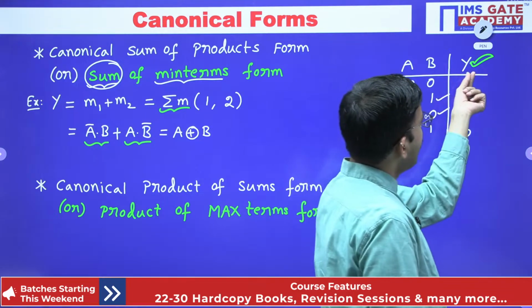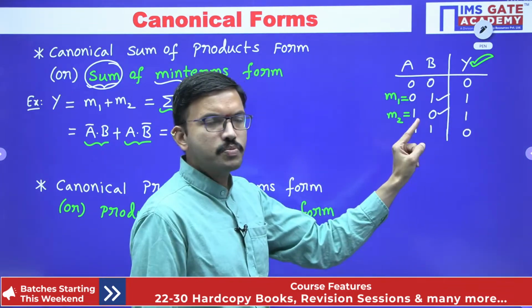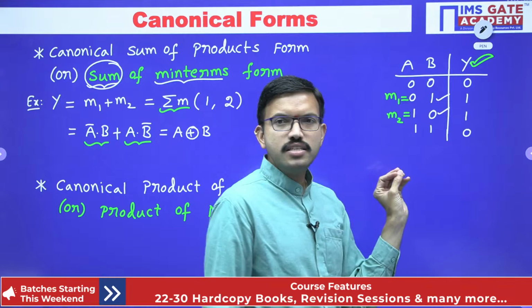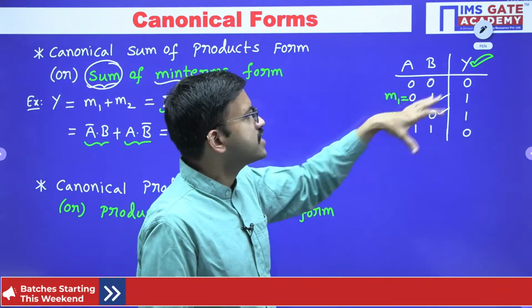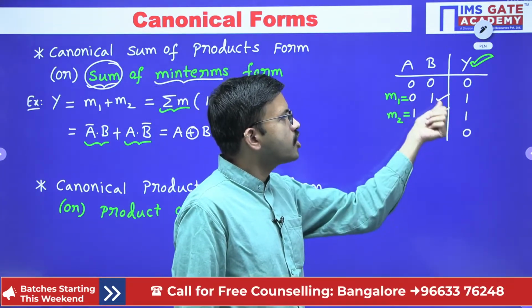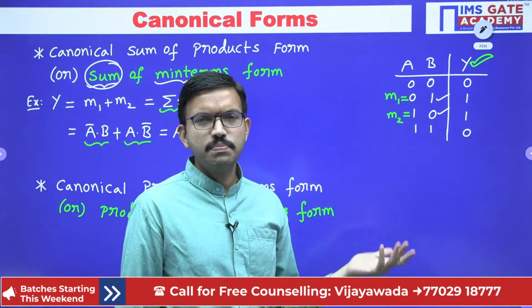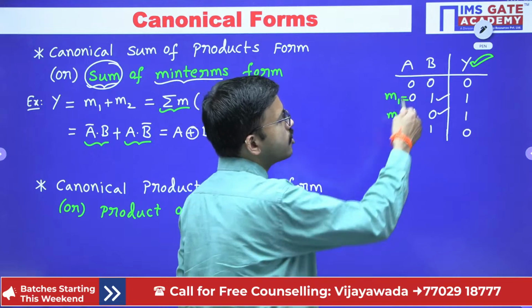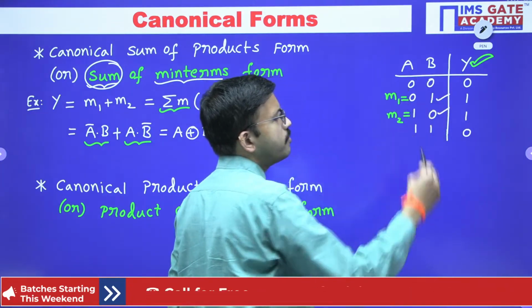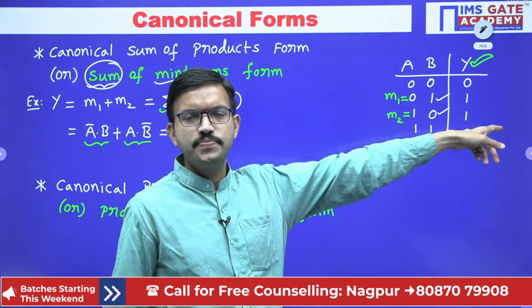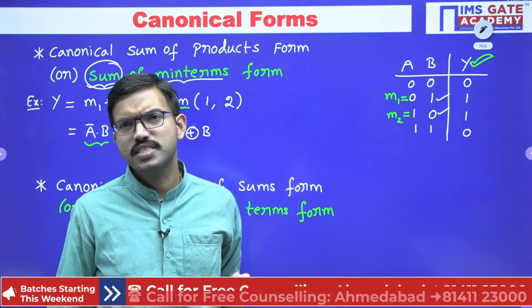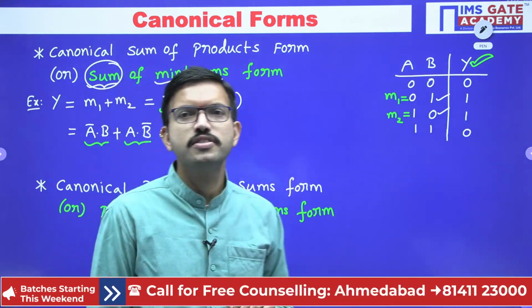Now for the same output variable, some of you may say that for these two input combinations we are getting output as 1. Other students may say that for the remaining combinations of inputs, we are getting output as 0. Whether these two statements are the same or different? All of you please respond.